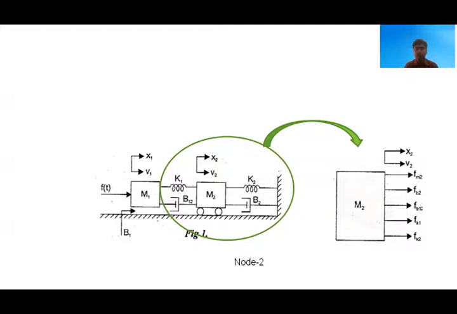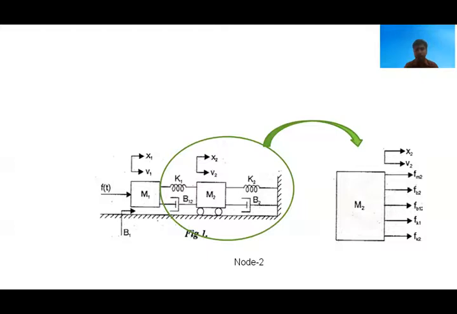FB12 is the opposing force due to the B12 dashpot connected in between M1 and M2. FK1 is the opposing force due to spring K1 connected in between M1 and M2. FK2 is the opposing force acting on M2 due to the K2 spring.